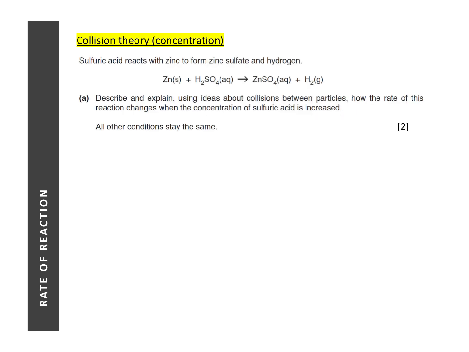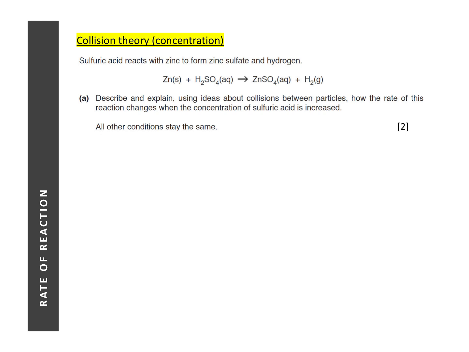Now we'll look at questions where we will make use of collision theory to explain how the different factors can affect the rate of a reaction. Just a quick recap, what is collision theory? Collision theory states two things. Number one, for any chemical reaction to occur, your reactant particles must first collide.